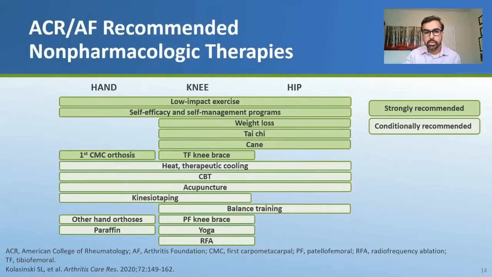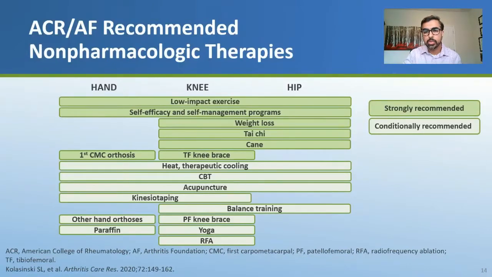So there's an overwhelming, strong recommendation for low impact exercise, which includes walking, muscle strengthening, aquatic exercises without any hierarchy of one over the other. And generally, exercise is more beneficial if it's supervised. There's a recommendation for self-efficacy and self-management programs.